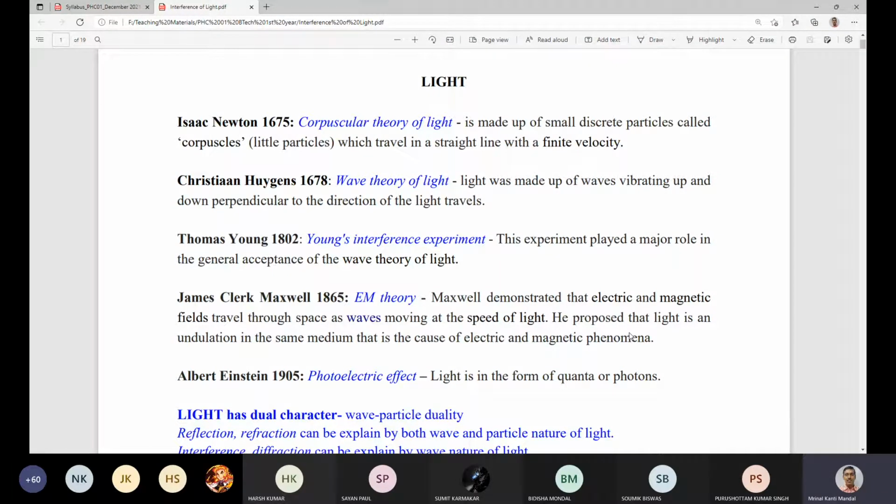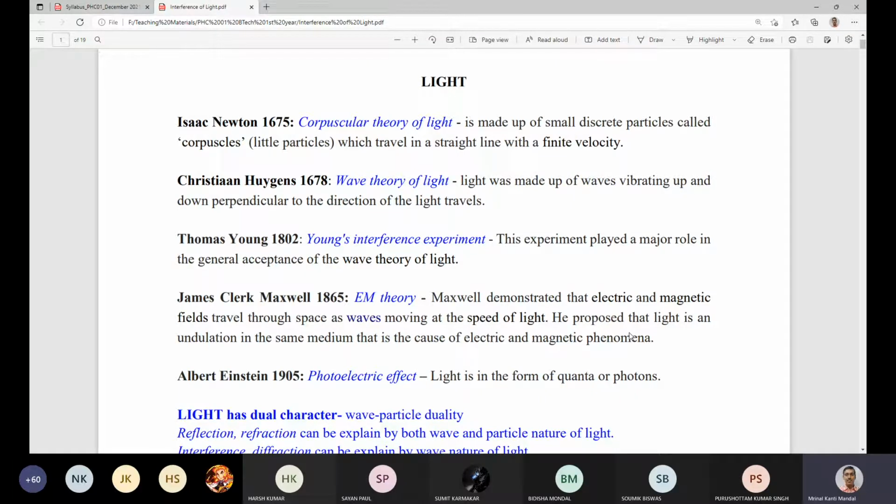Suppose your light is traveling in a particular direction, for example the Z direction, then the vibration will be in the perpendicular direction of Z, right? So it is in the form of a wave.